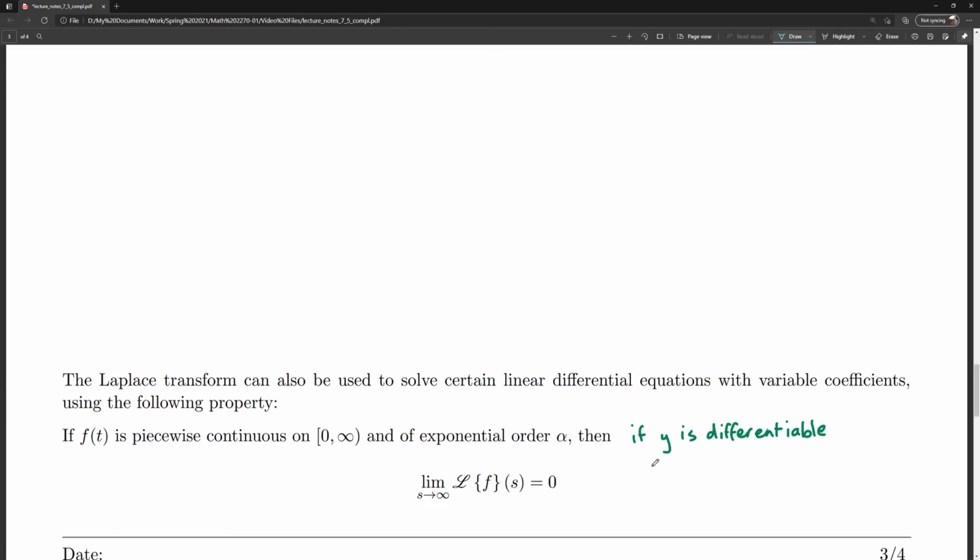And so then we have that the limit as s goes to infinity of the Laplace transform of y, which we typically denote by capital Y, then that limit has to equal 0. So in the next video, I'll show you how we can use this property to solve a differential equation with a variable coefficient.